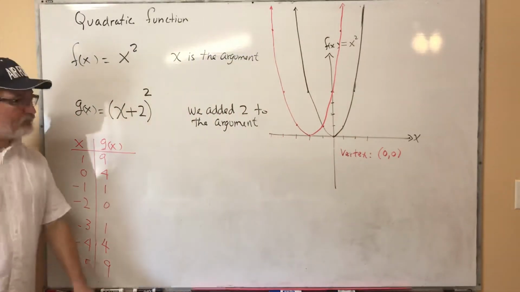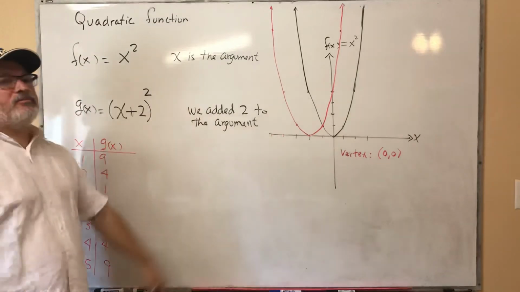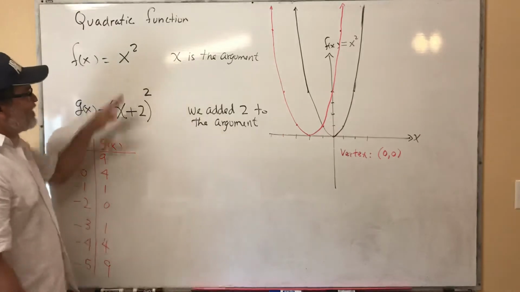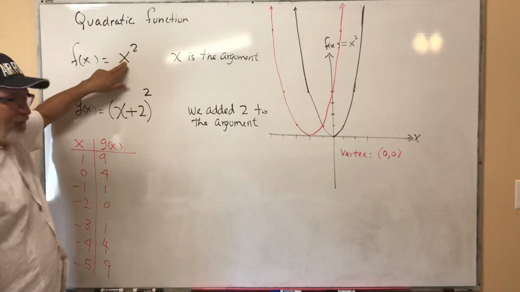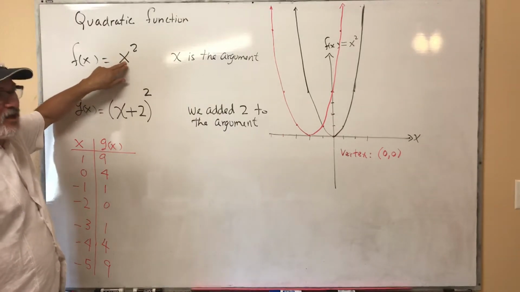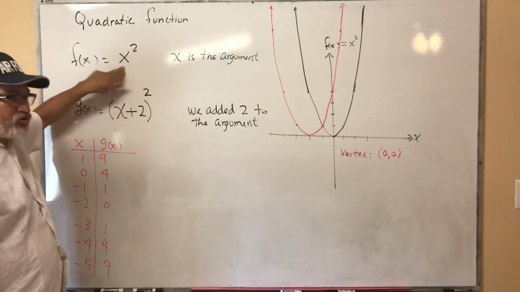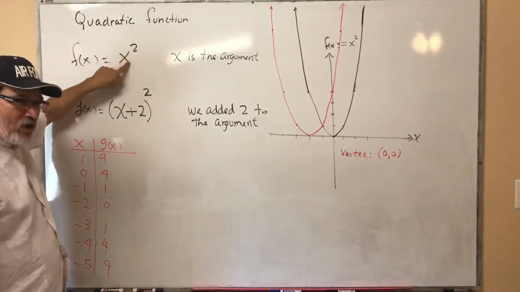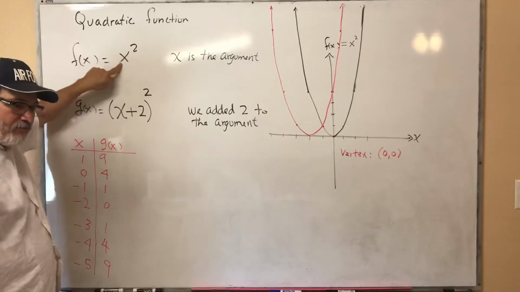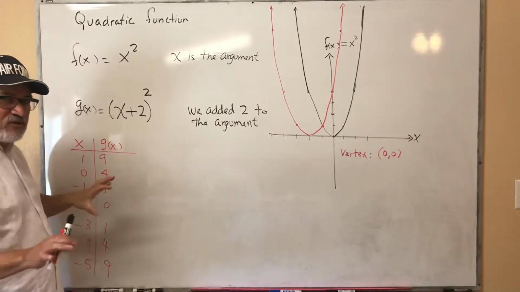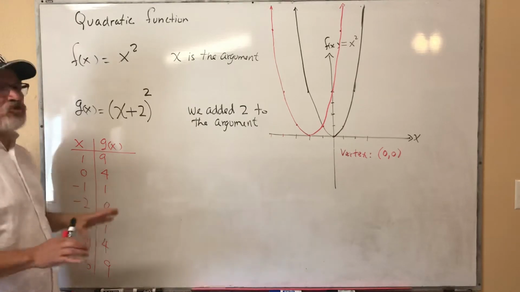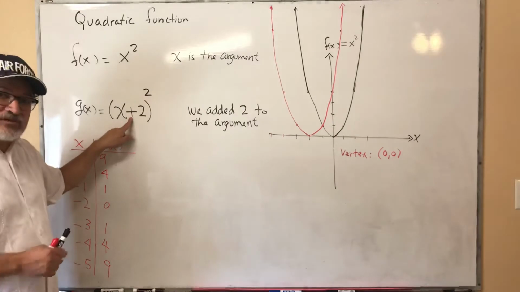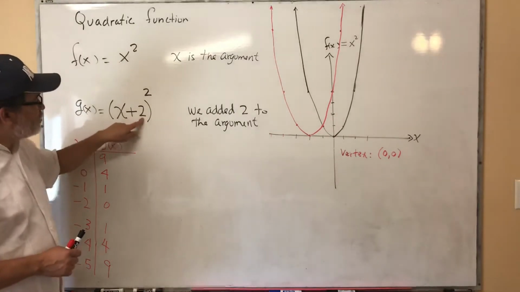So, what did we learn? We learned that if you have a basic parabola and you add or subtract to the argument that's being squared, it's a horizontal shift. In which direction? In the opposite direction. This is x plus 2.